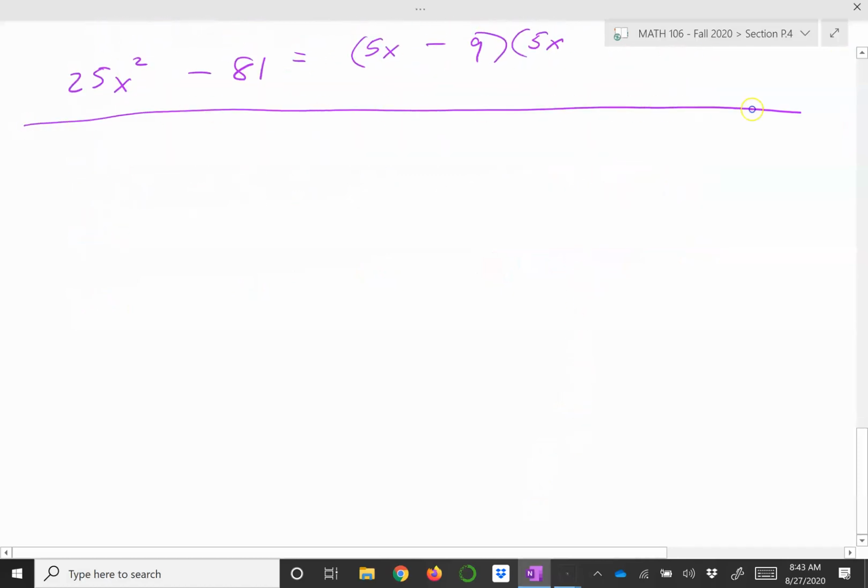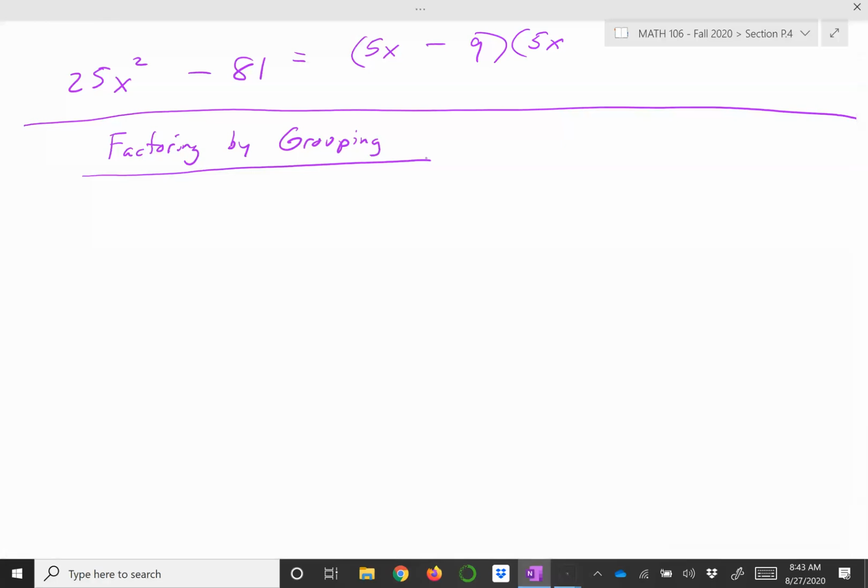All right, now, I'm just going to let you know right now, the next couple things tend to trip people up. But again, they're easy to pick out on quizzes and exams because the next type of factoring is called factoring by grouping. And in factoring by grouping, you're essentially always going to see four terms.